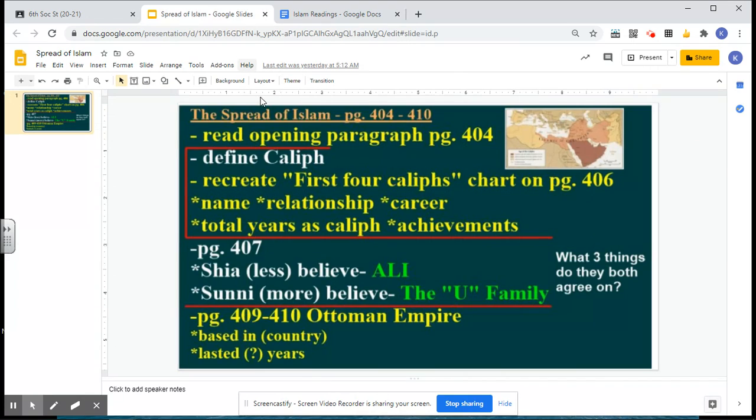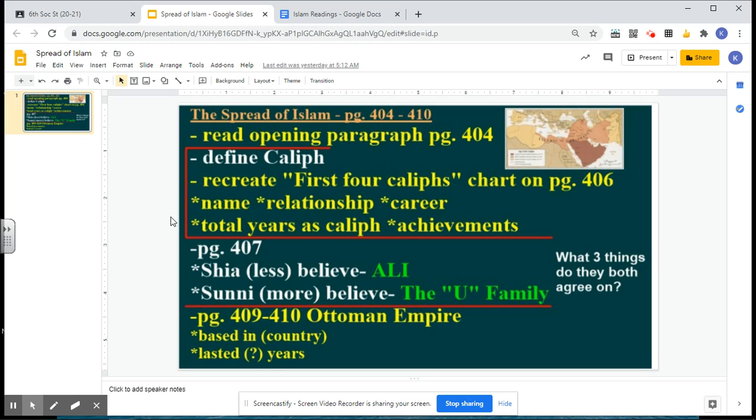Okay, so this opening paragraph sets the stage, and the very first definition here in white, we can write a couple of things. So hopefully in your notebook or wherever you've been keeping track of this, whether it was on a Google Doc or however you submitted it, as long as you have a place to reference it, that's fine. But this all coincides with the spread of the religion because it all has factors about how it's going to spread.